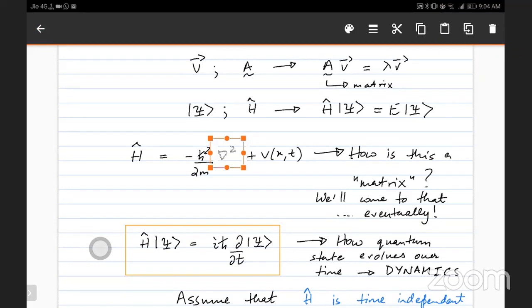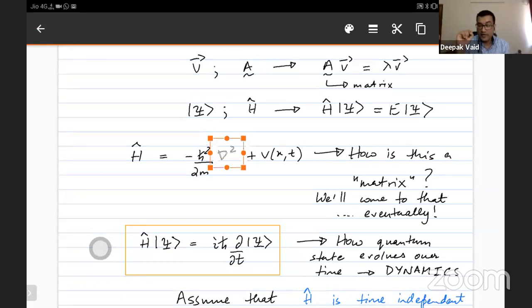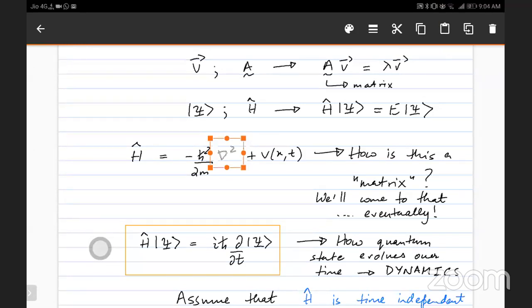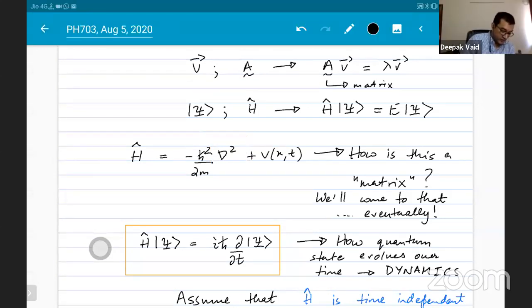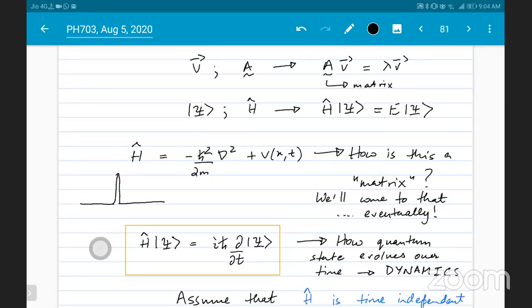If psi is non-zero only at a single point, then the derivative will not be zero, right? Because if you have a function that looks like this, the derivative of this function is not zero.